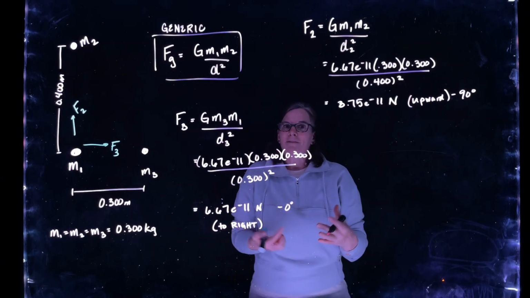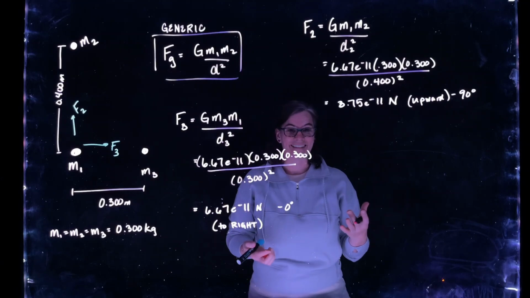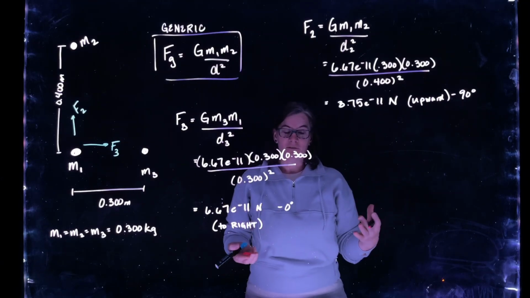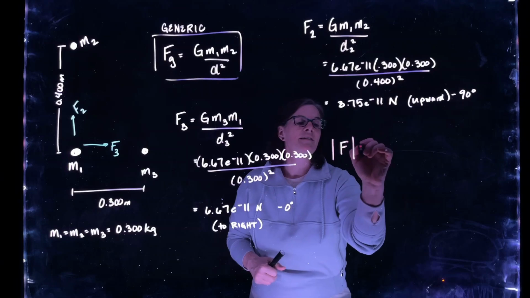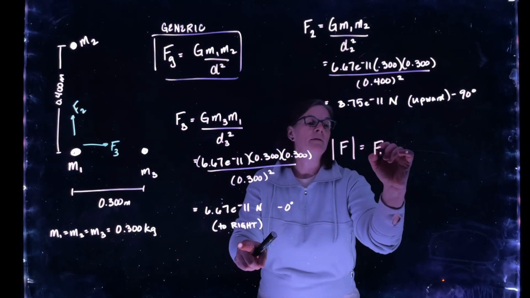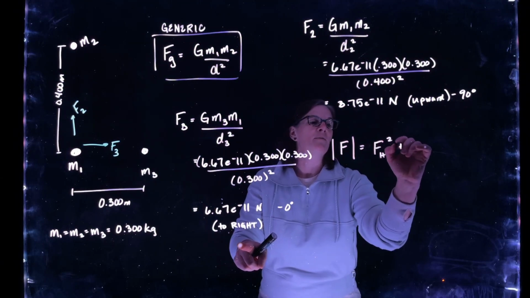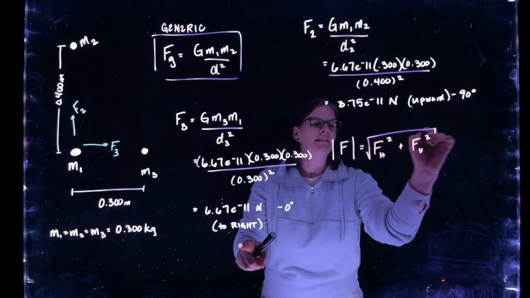So how do I get the net force? Well, this is just like we did net forces when we were doing a force analysis. The net force, the magnitude of that force, is going to equal the horizontal component squared plus the vertical component squared. Take the square root.